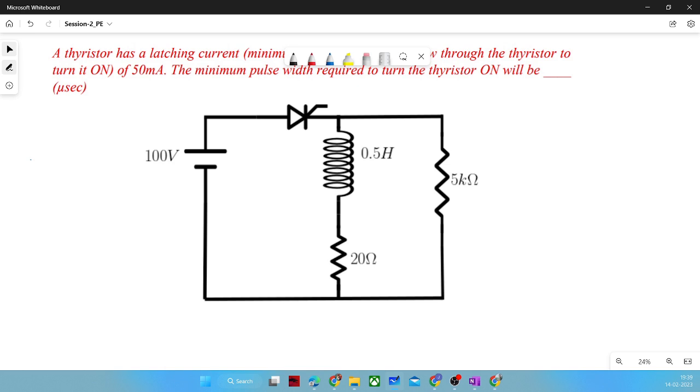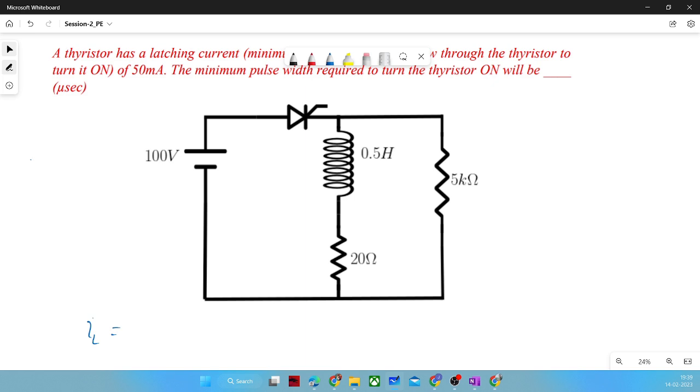Let me write it here. Sir, in this problem, can we solve by removing the thyristor and find the time at which the total current reaches 50 milliamps? Yeah, that's what we have to do.